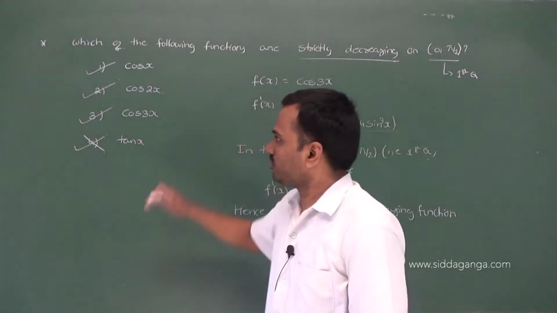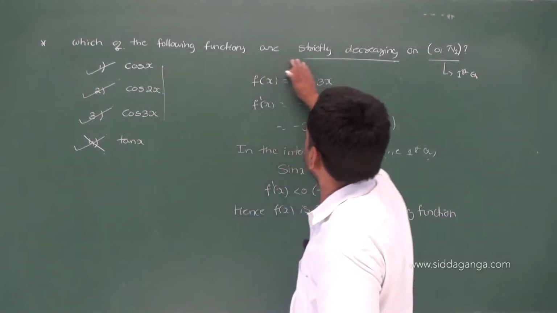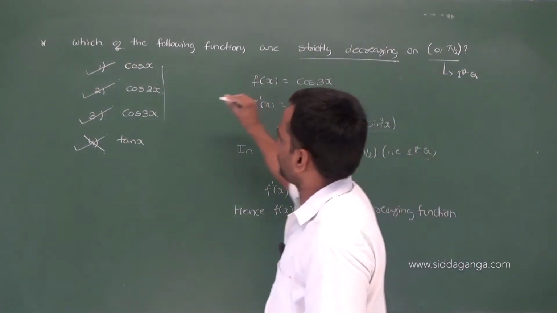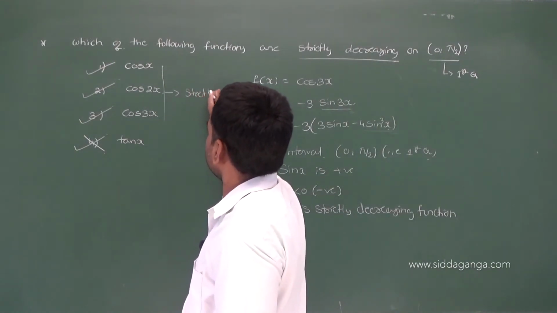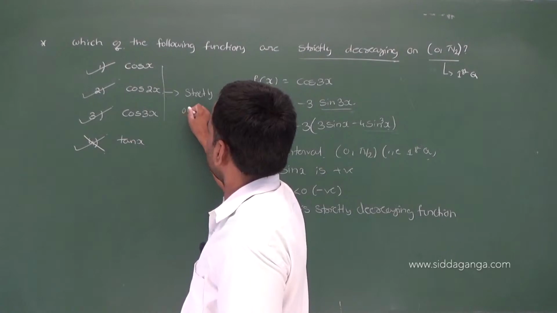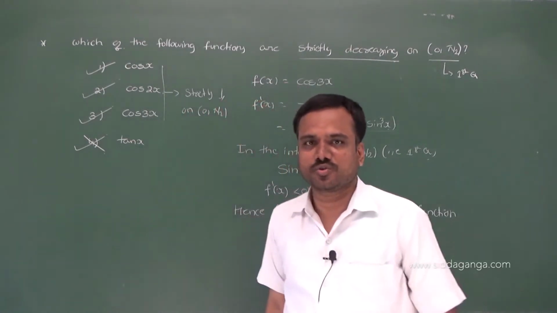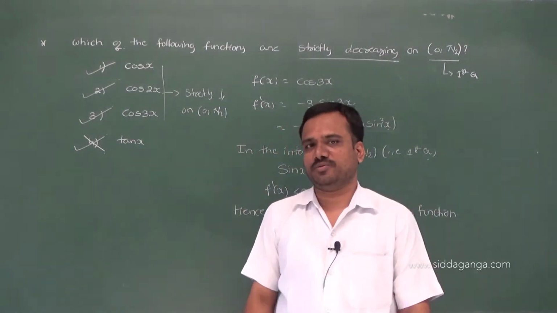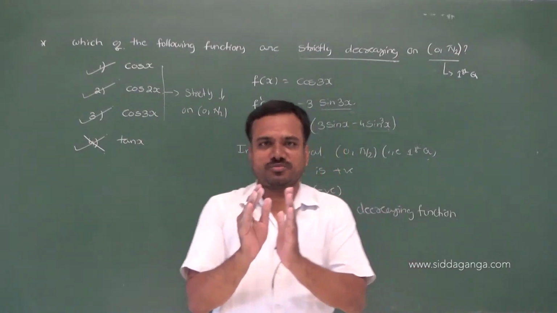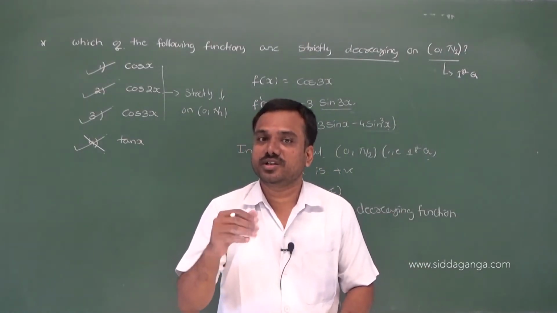Among these four, three of the functions are strictly decreasing on 0 to pi by 2. This one is only strictly increasing on 0 to pi by 2. Understand? So we stop this one. We continue the remaining problems in the next class.